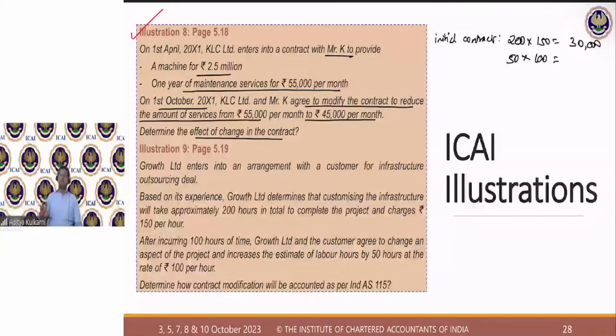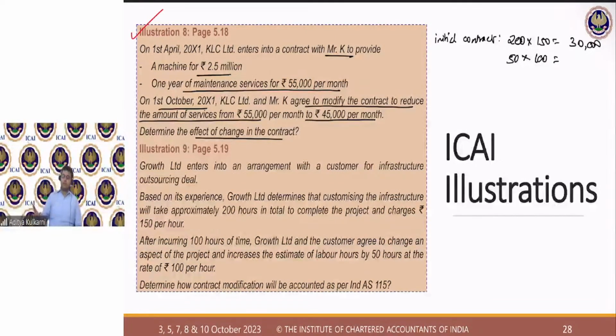Now this CA firm said that, look, your requirement has increased, so our contract has to be modified. Now our contract has to be modified means you cannot have just 200 into 150. I will have to increase the number of billable hours. So how much are you going to increase?